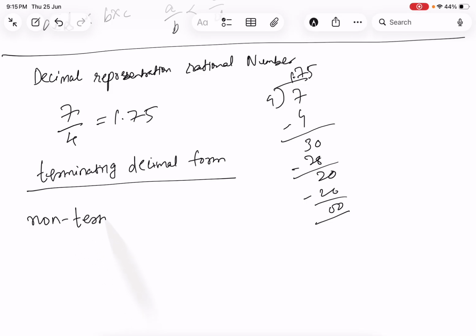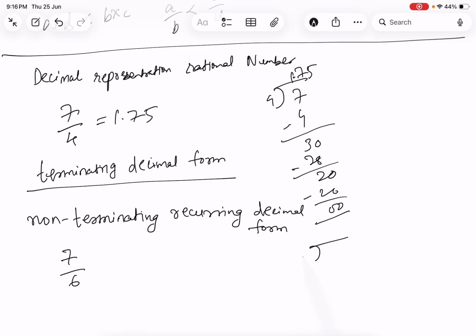But then there is something known as non-terminating recurring decimal form. Let's see an example. We have 7 upon 6, and if you divide 7 by 6, you get 6 ones are 6, and the remainder is 1. You add a dot, you add 0.